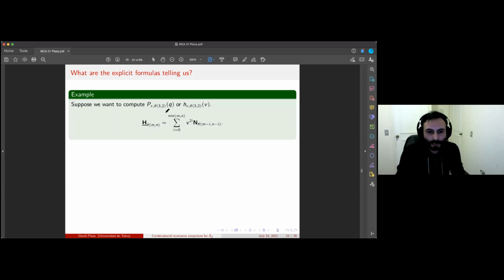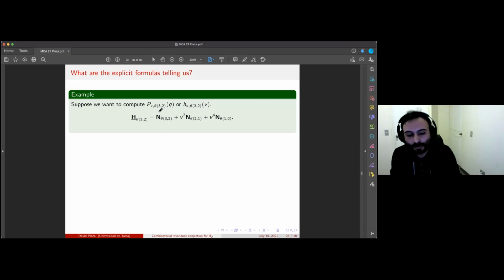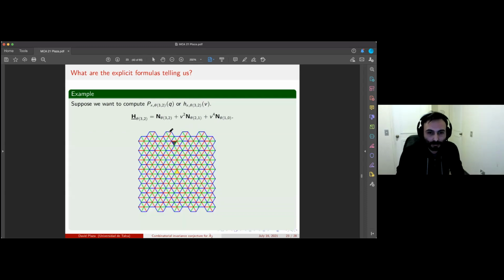Here it is θ32, so we need the formula for θ_{mn}, and the formula for θ32 reduces to this sum of 3 n elements. And we can make the computation graphically as follows.